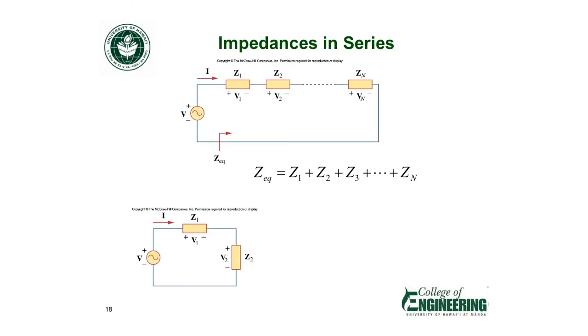So, for example, it doesn't matter what these elements are represented in the blocks. They could be resistors, capacitors, or inductors. As long as I am representing them as an impedance, if they're in series, I can add them up, just like resistors.